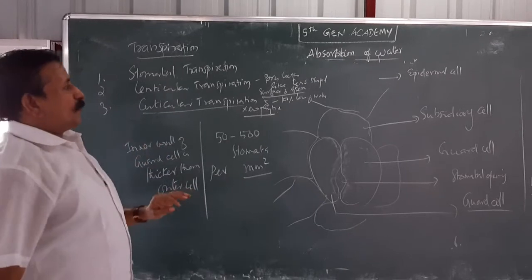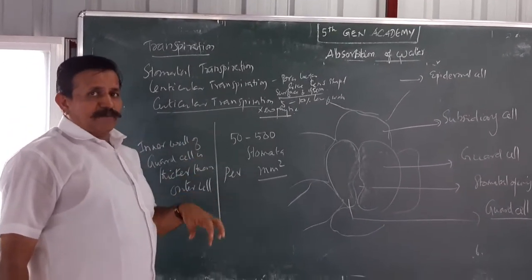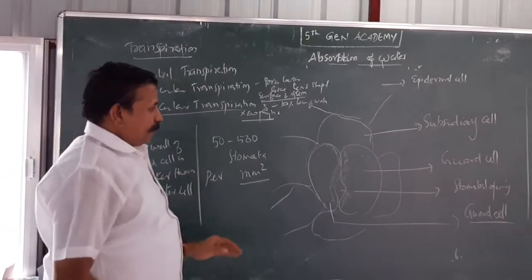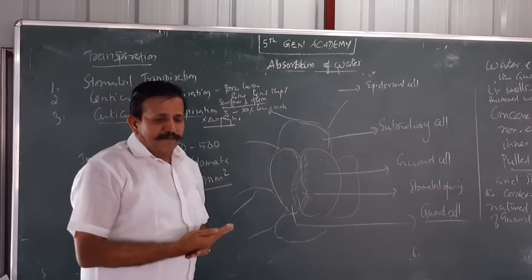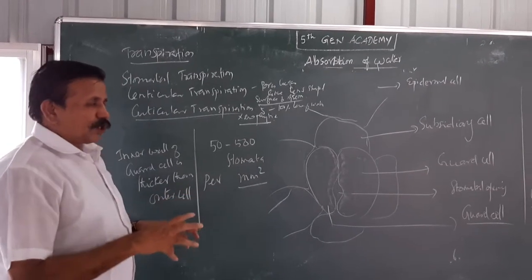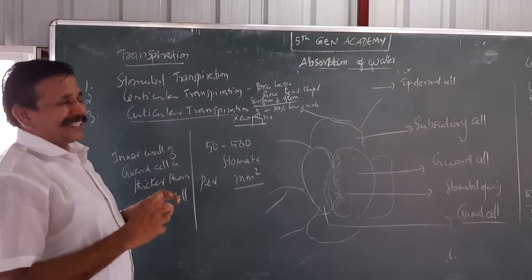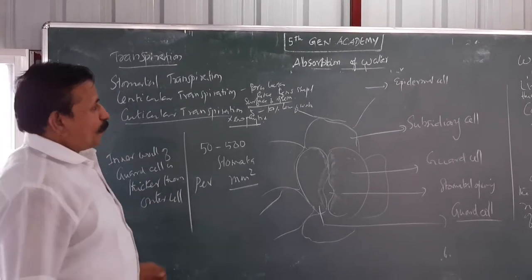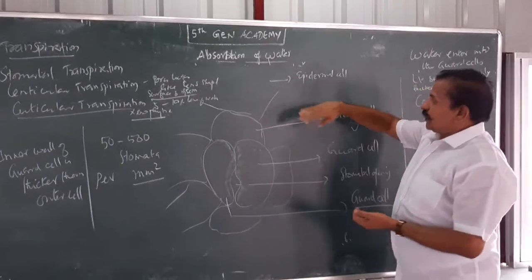Now we will see the importance, function and structure of stomata one by one. Take the cross section of a leaf. We can identify many tissues, and in between them pore-like structures, which are the stomata.